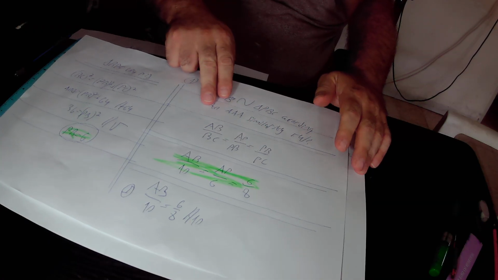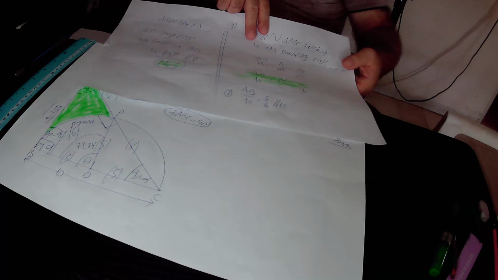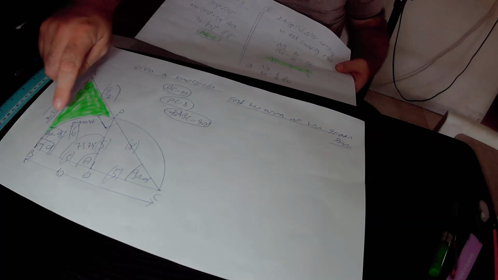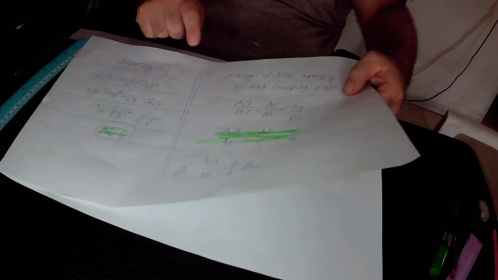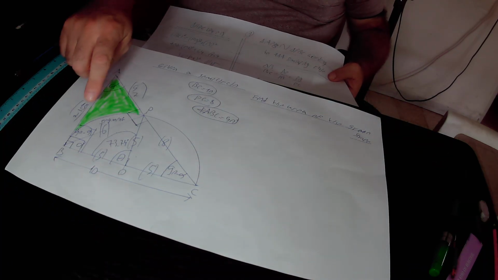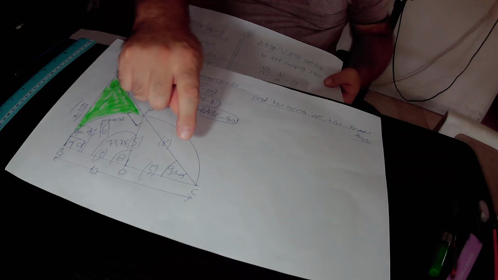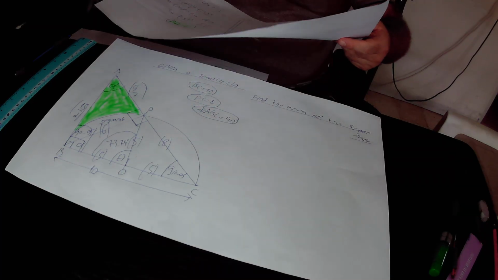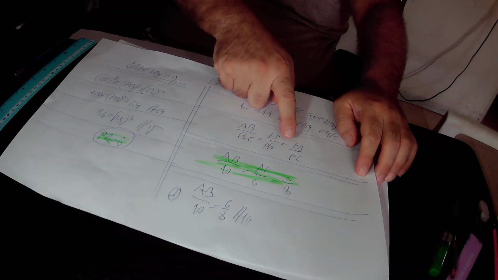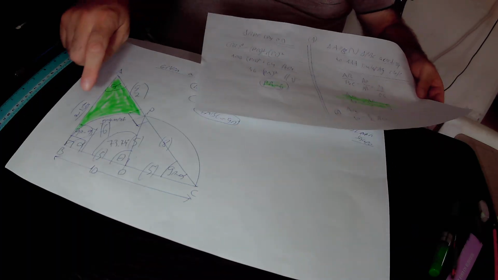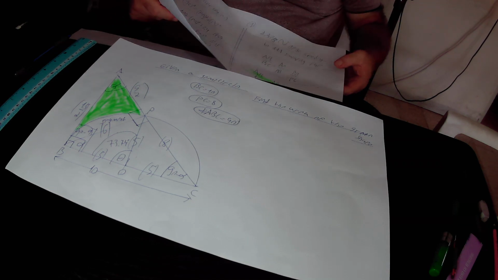In the numerator of each expression, we have the sides of the right triangle APB, and in the denominator of each expression, we have the sides of the right triangle BPC. So AB over BC equals AP over PB equals PB over PC. AB is the missing side, so we leave it as it is.